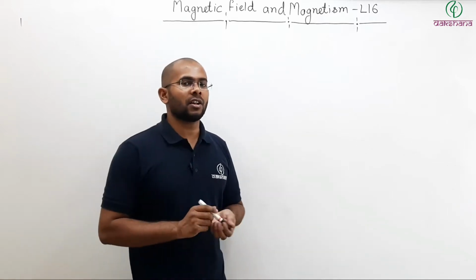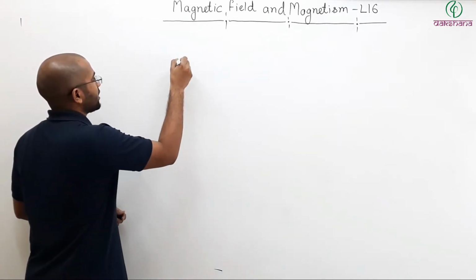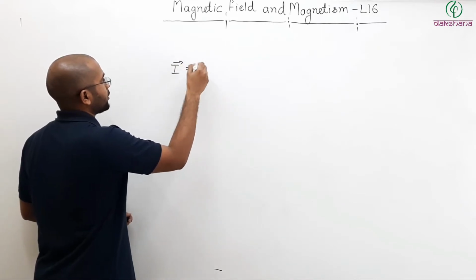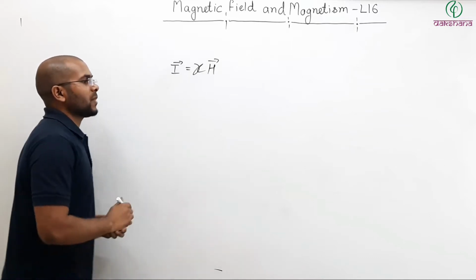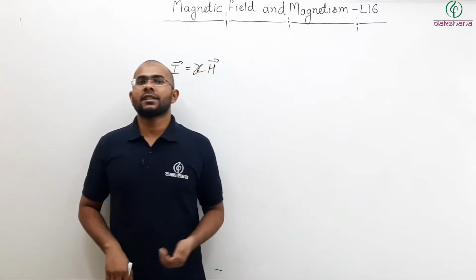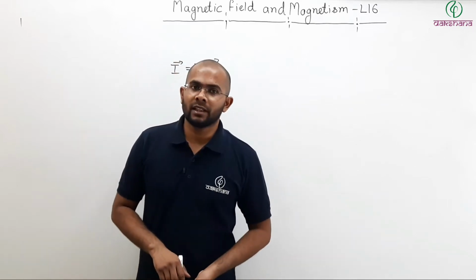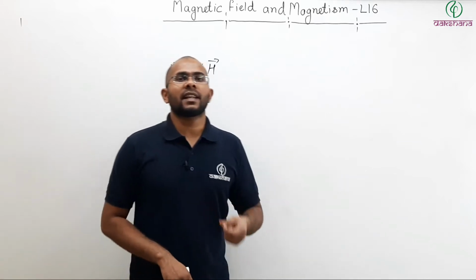In the case of paramagnetic, we can say I is equal to zeta times H, where I is the magnetization vector of the material, zeta is the susceptibility of the material, and H is the magnetic intensity.